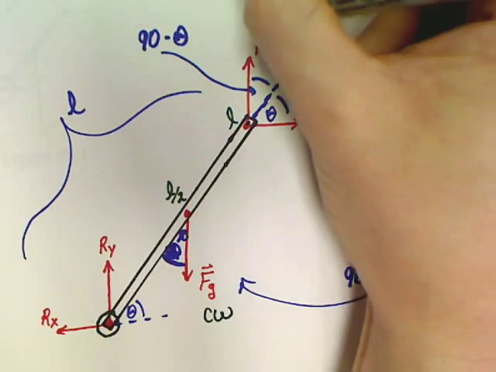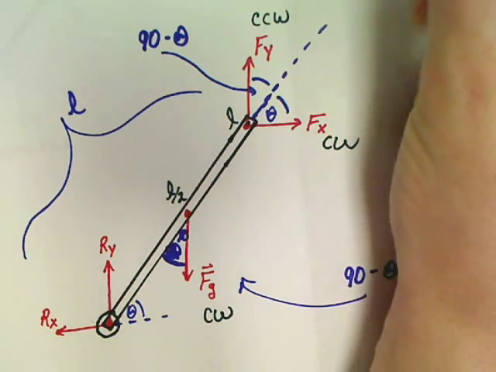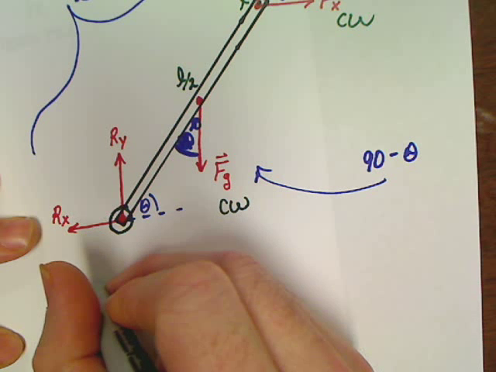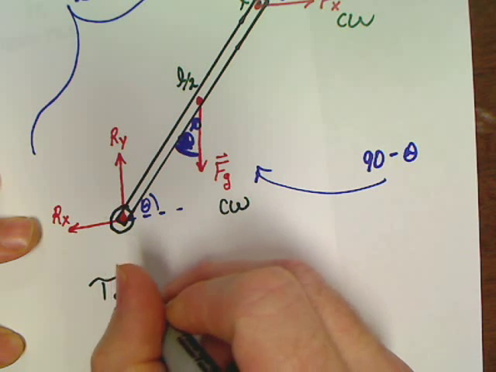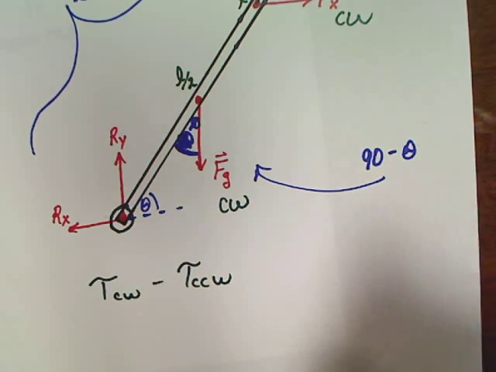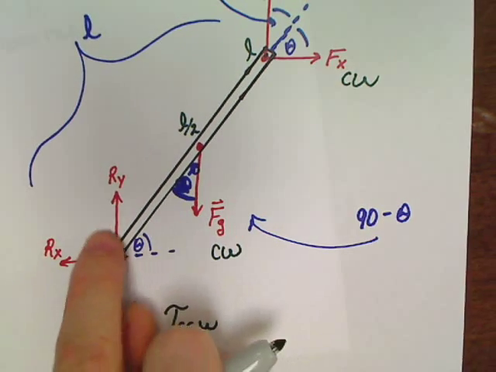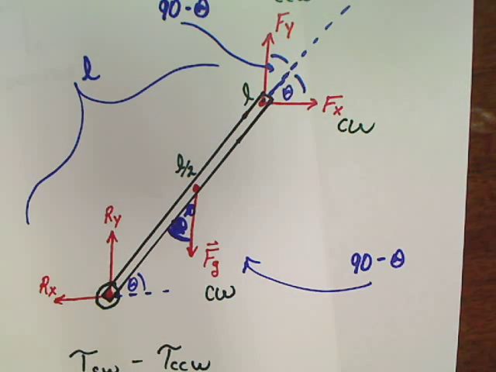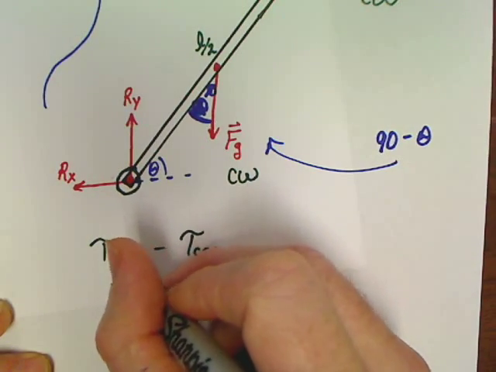The reason why I do this is I want to add up all my clockwise, and then subtract the counterclockwise. So based on this pivot point, I've got 2 clockwise.